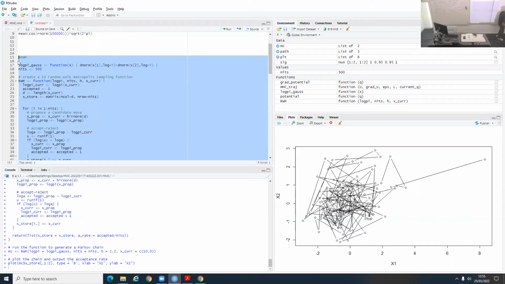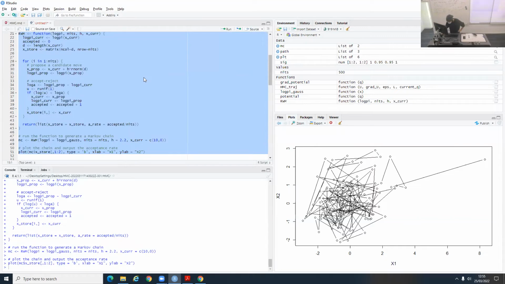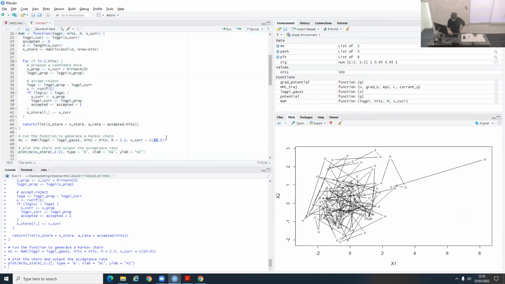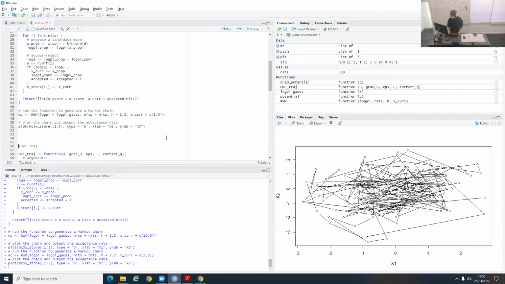Starting point being 10. No, I think that stops. Oh no, that's indeed that's whatever. Good idea.